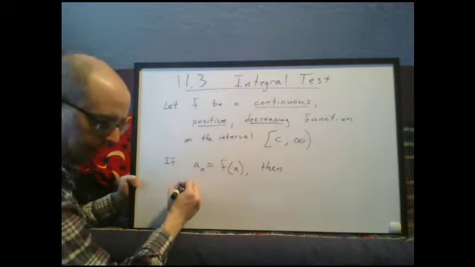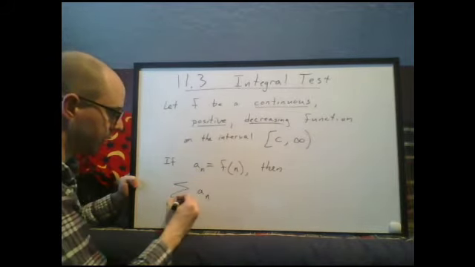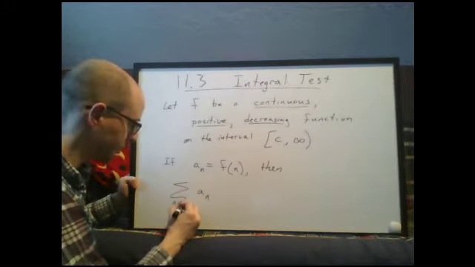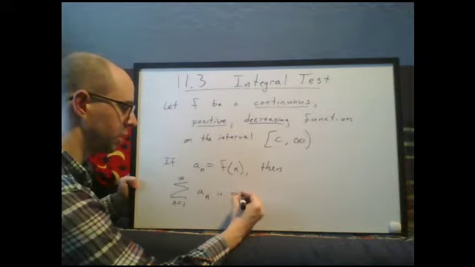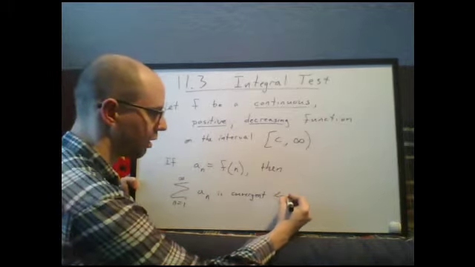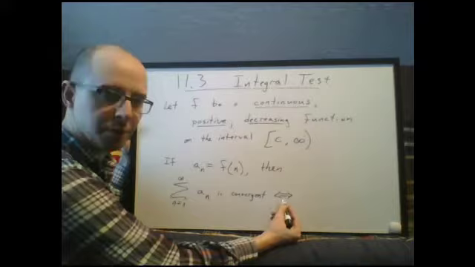So let me write it up. Then the summation of an from n equals 1 to infinity is convergent. I'm going to put this double arrow here. This means if and only if.